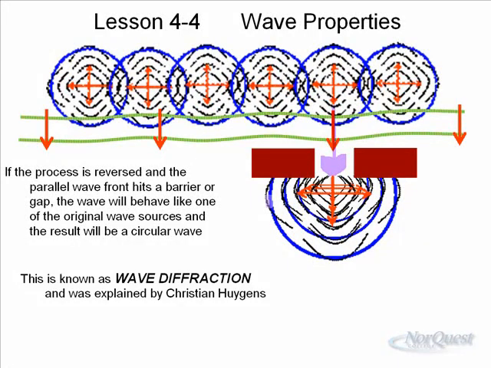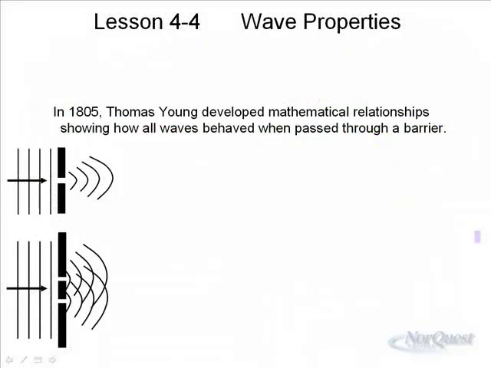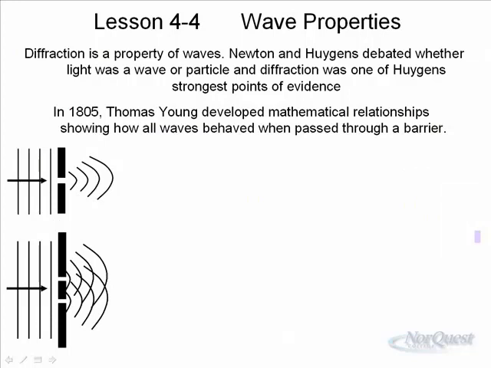It was first explained by Christian Huygens, and Huygens' principle says that any part of a wave front acts as the source of a new wave. Any part of a wave front acts as the source of a new wave. What does this mean? Well, since diffraction is a property of waves, Newton and Huygens debated whether light was a wave.